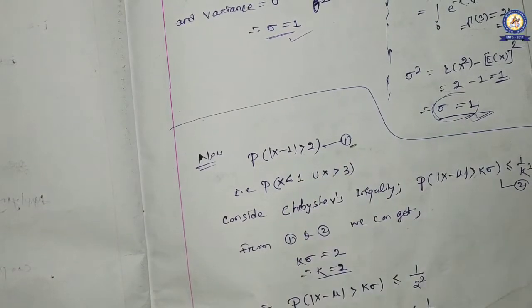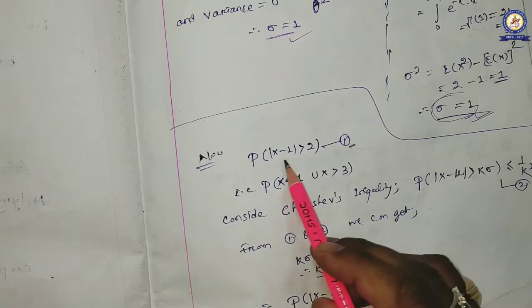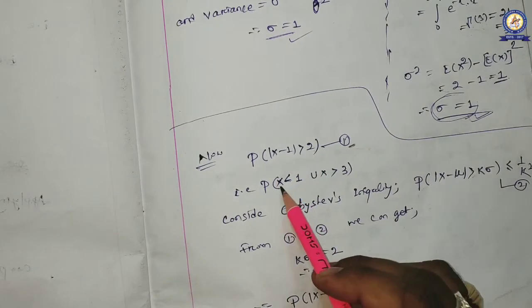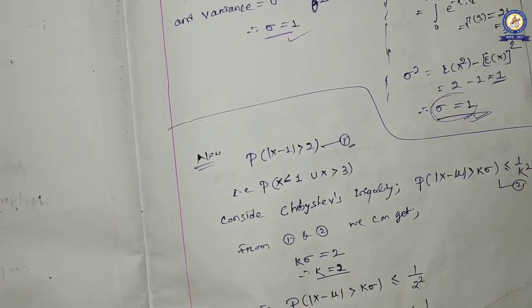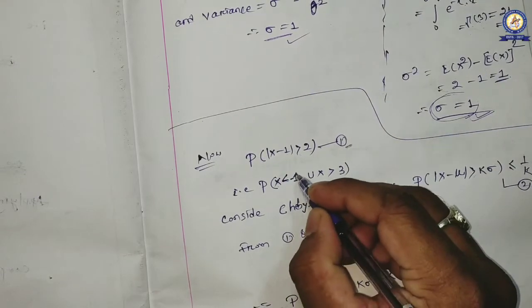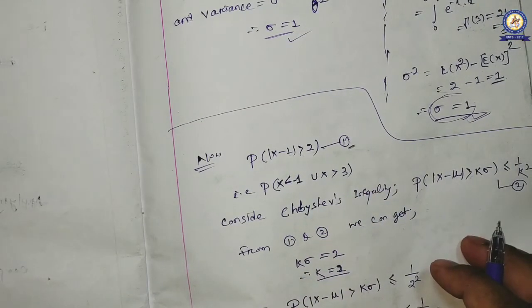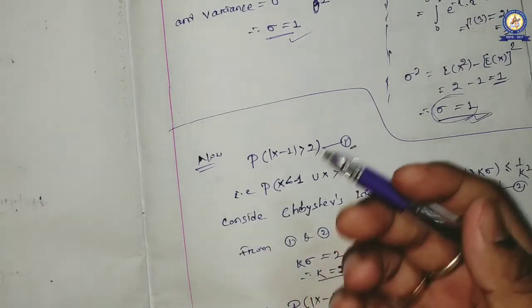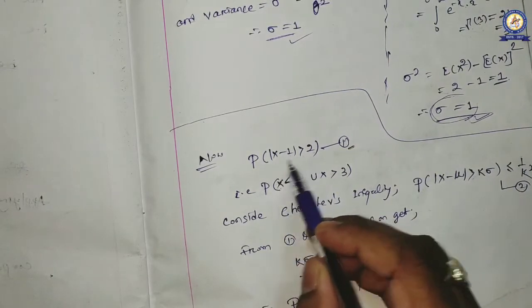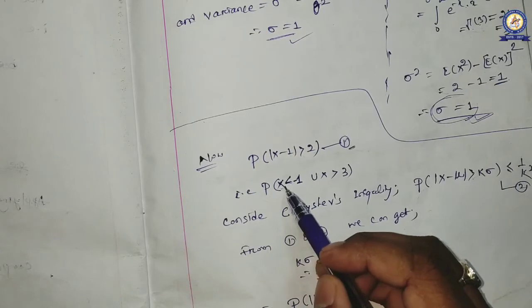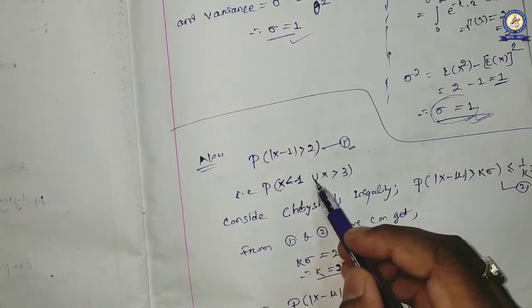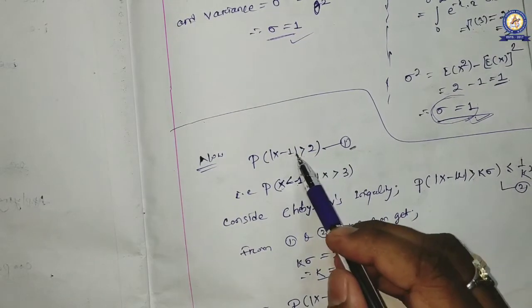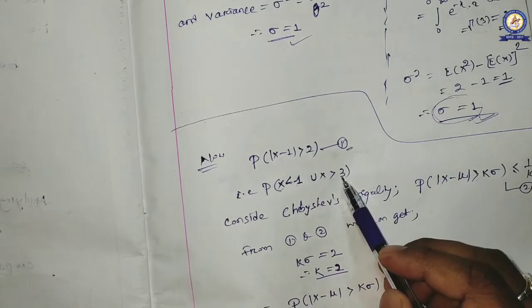Here this range is nothing but the probability of x less than mu minus 1, as we know that this range is x less than 1 minus 2, which is minus 1, union x greater than mu plus 2, that is x greater than 3. This is the union.